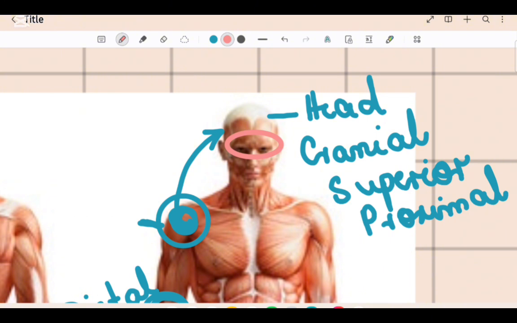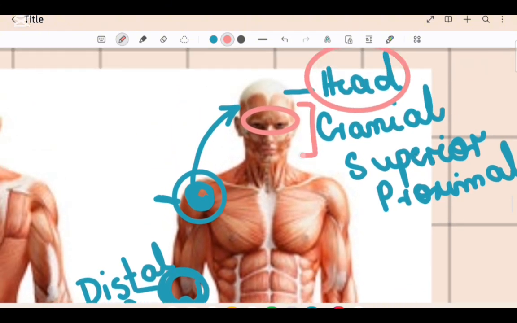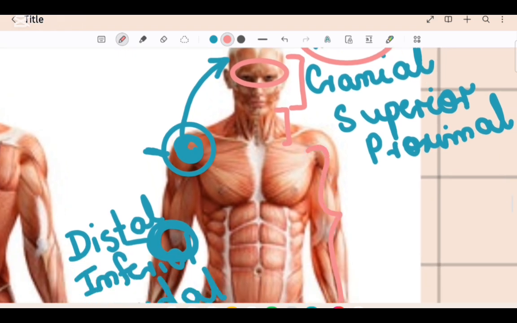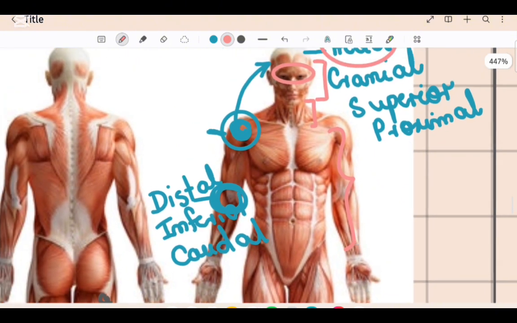So you always need a reference point when you are comparing two things. So here our reference point is the head, and the comparison is between your eyes and your nose. Now same here, you can say that your face is cranial to your neck, your neck is cranial to your trunk. Every part is somehow related to another part when you have a reference point.